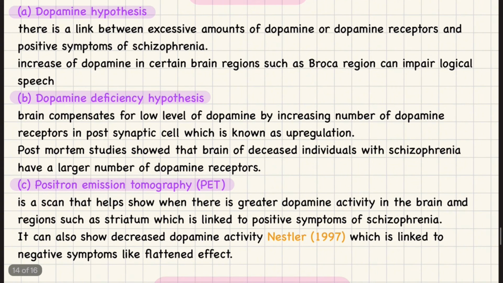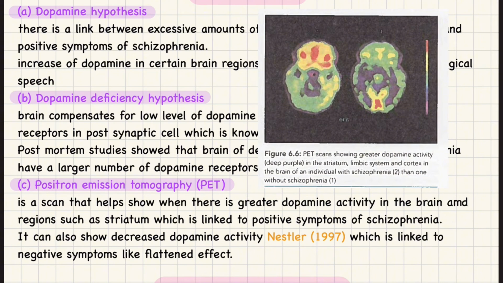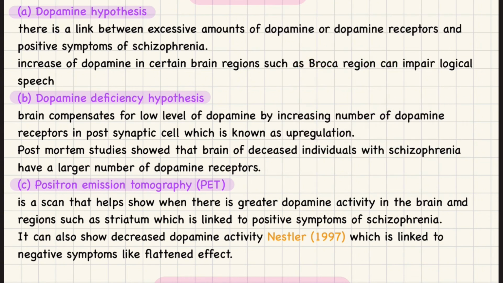Lastly is positron emission tomography, PET, and this is a scan. It helps you show when there's greater dopamine activity in the brain, in regions such as the striatum, which is linked to positive symptoms of schizophrenia. It can also show you when there's decreased dopamine activity.